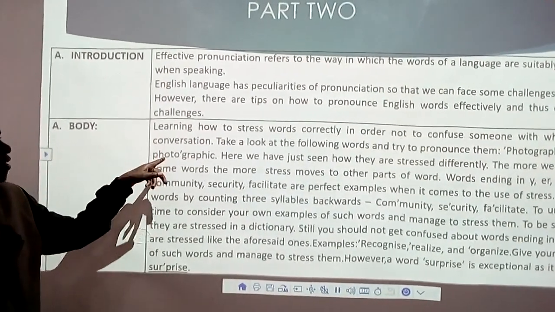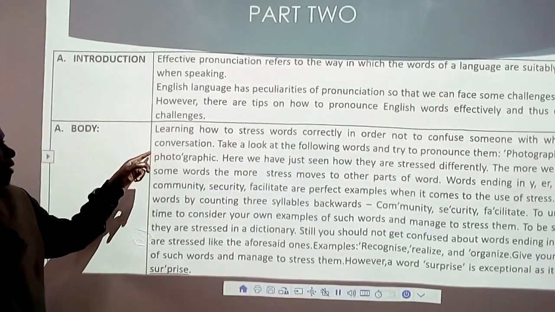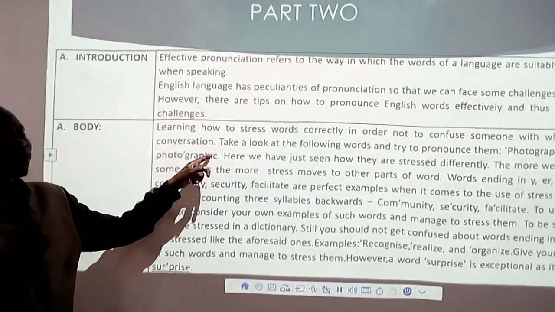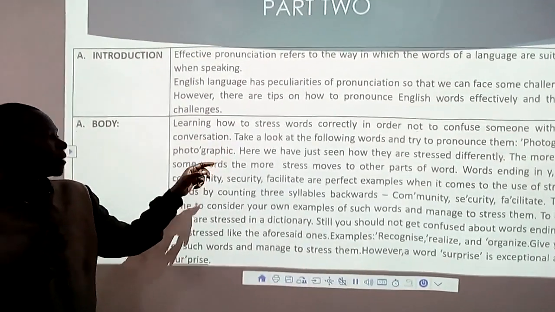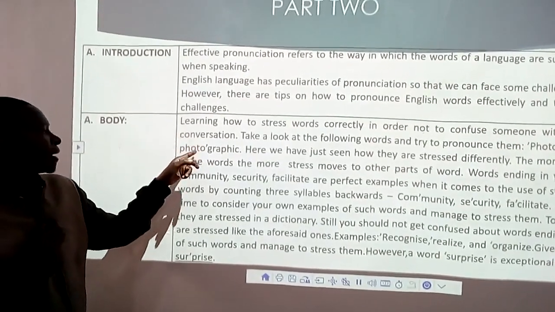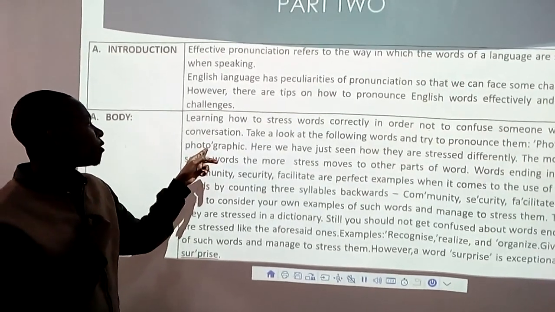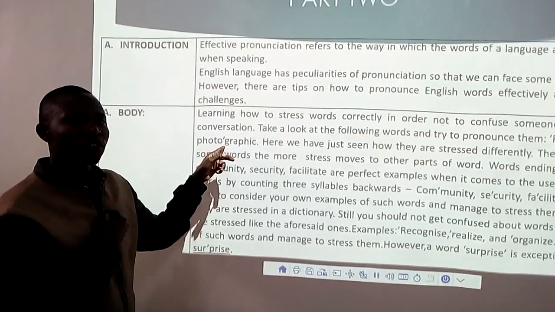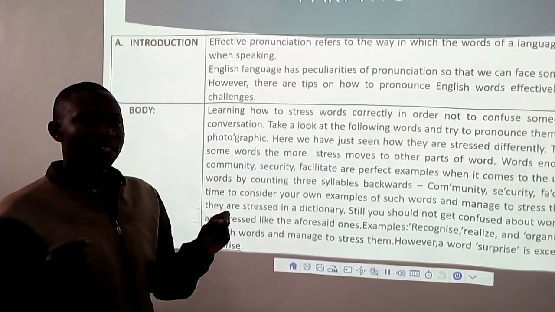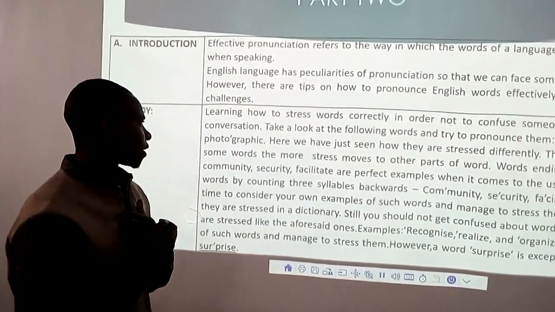Just as you see, the stress beforehand was like this, okay, on P. And now we have added the y, then the stress moved, okay? And now it is no longer on this T, rather it has moved to G. Because of what? It depends on the suffix that has been added on the word given. Okay.